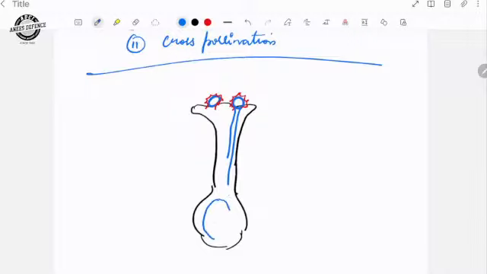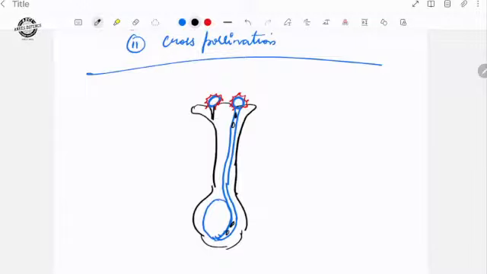Slowly it is going to come near the micropyle and enter into the micropyle. While developing this, there are two male gametes which are going to transfer from the pollen grain.